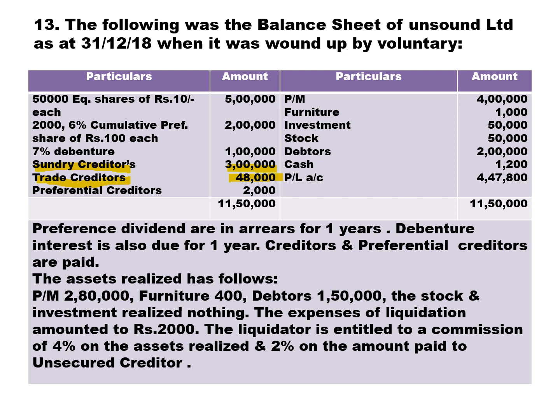Then we have plant and machinery, furniture, investment, stock, debtor, cash. All 6 assets are given in the problem. The P&L account given in asset side is a loss, so this needs to be ignored. Don't consider the P&L account. Preference dividend is in arrears for 1 year.